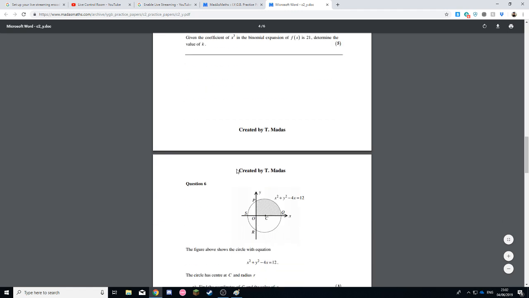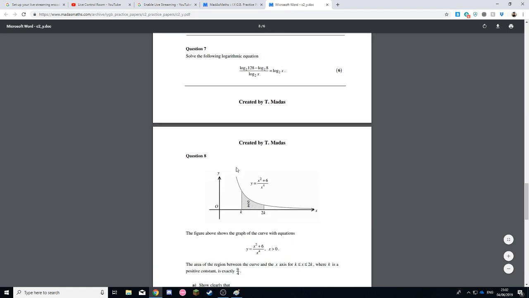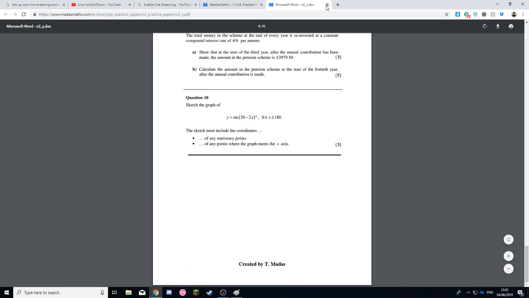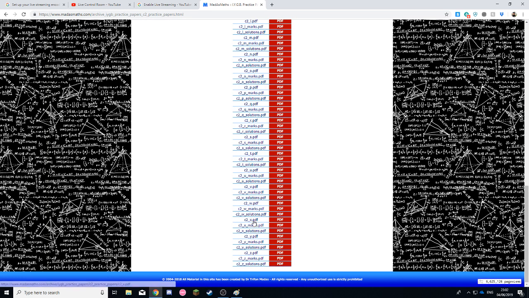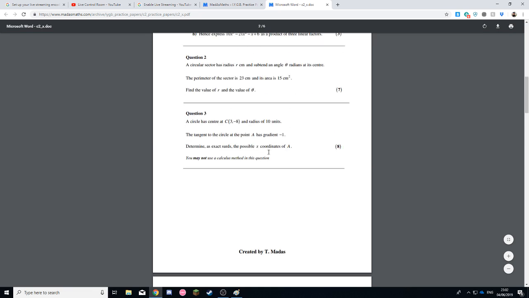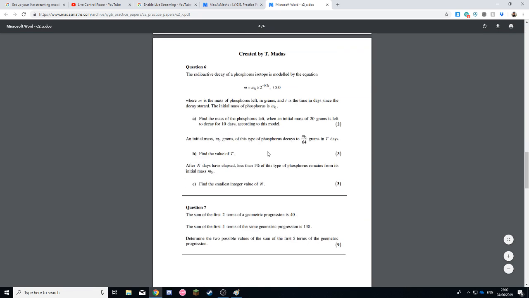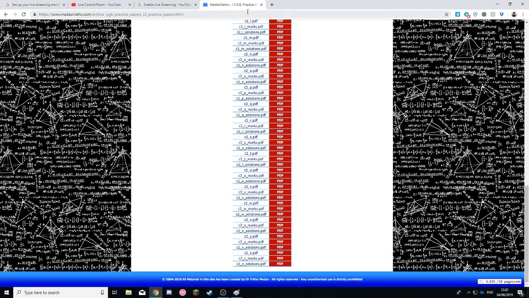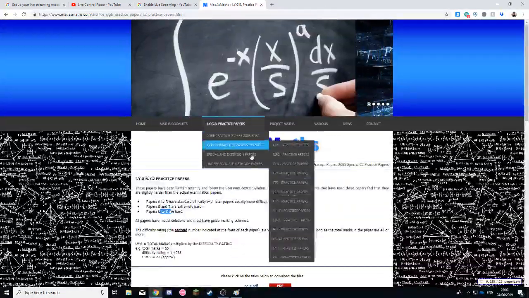Trying to find an integration by parts type of question. Nope. Wait, is integration by parts even in C2? Oh, I don't even know. Is it?